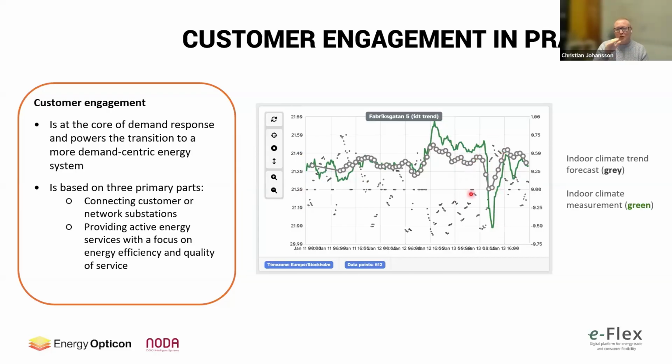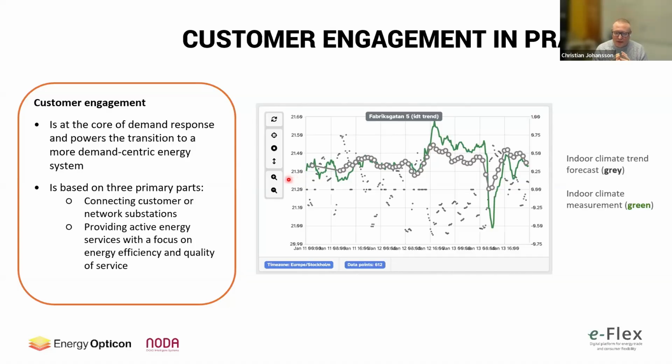You can see they're following each other quite well. And if you look at the deviations here on the left side, on the y-axis, it's not much. This is in degrees centigrade, indoor climate, so it's not much. Even if it looks volatile now, it is within quite a small span of temperature.